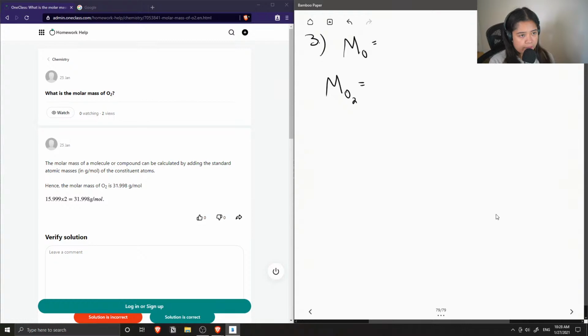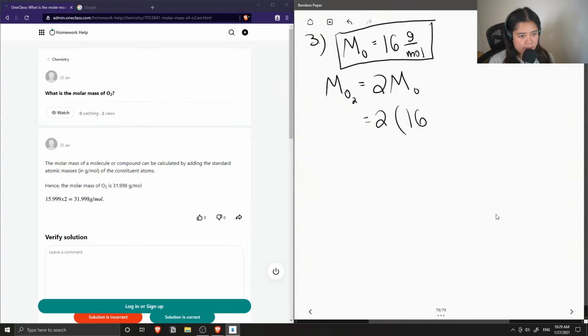So if we look at the periodic table, we'll find that its molar mass is around 16 grams per mole. So now when finding the molar mass of O2, all we need to do is multiply that value by 2. So 2 times 16 grams per mole gives us 32 grams per mole.